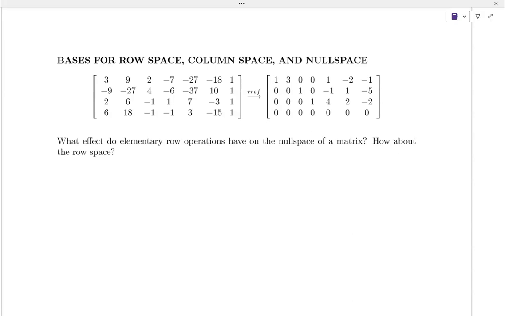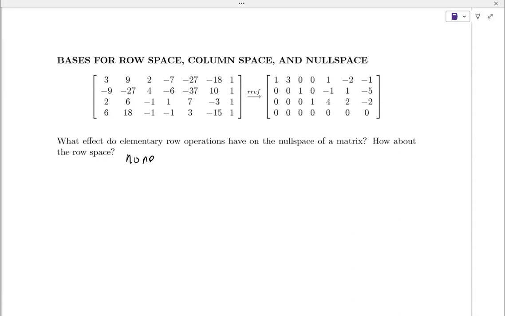No. So elementary row operations have absolutely no effect on the row space. Does it have any effect on the null space? Well, isn't that exactly how we find the null space? You solve the associated homogeneous system, right? You would do row reduction and then write down the solution. So elementary row operations have no effect on the null space either. So none is the answer to this question.